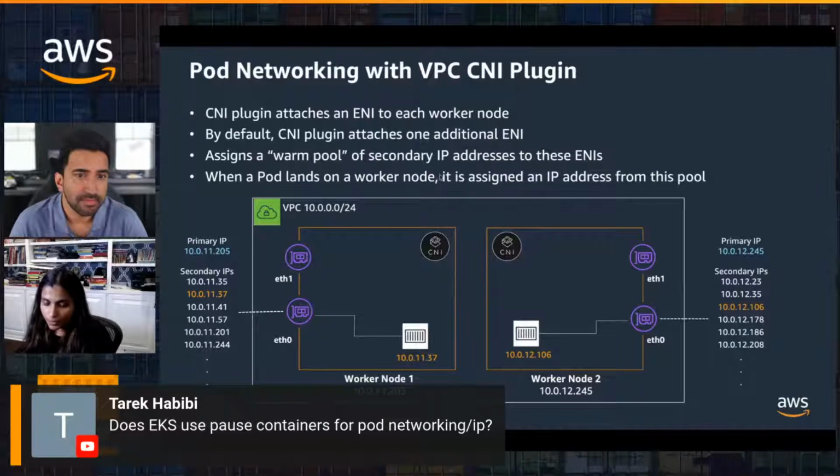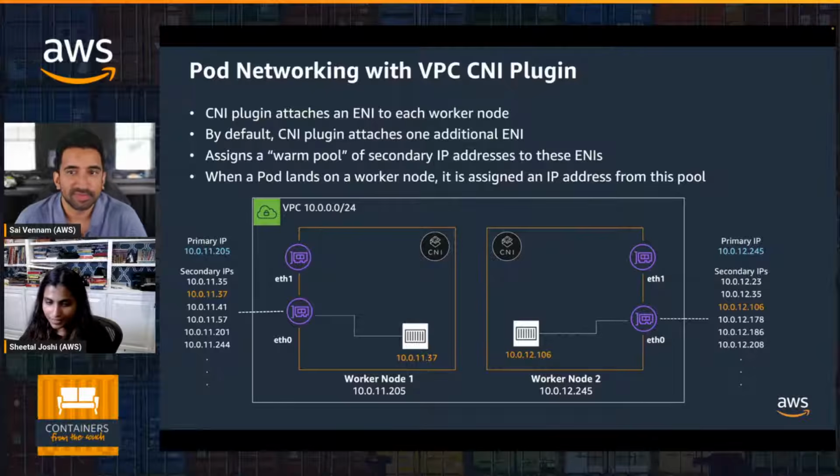And when a pod lands on a worker node, it is assigned an IP address from the pool. It's constantly running, and if it sees that the pool is depleting, it makes sure it keeps an additional ENI and also the number of IPs that can be allocated for that ENI. Awesome. Hope that makes it clear.